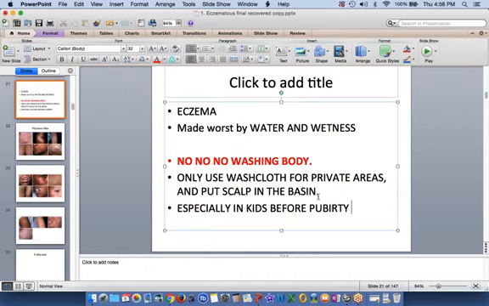I'm not going to go into the entire pathophysiology. So if they're not there before puberty, they absolutely cannot do this. And you've got to keep them away from water and soap for months. Just limit it to what I said. Only use a washcloth for the private area and put the scalp in the basin.